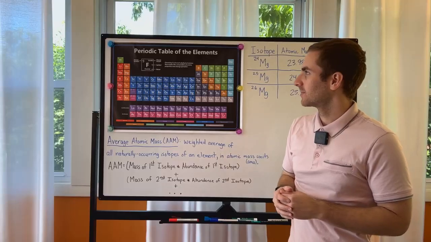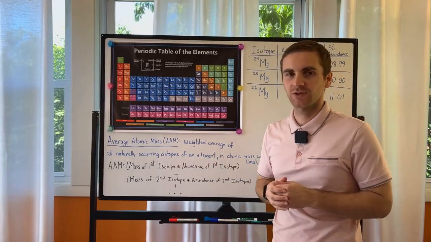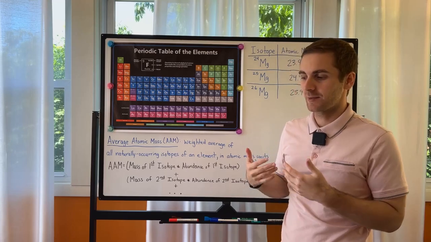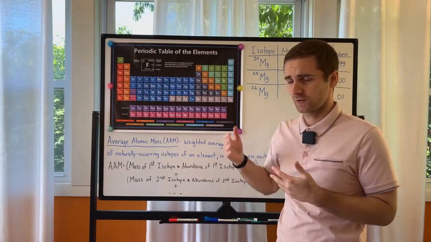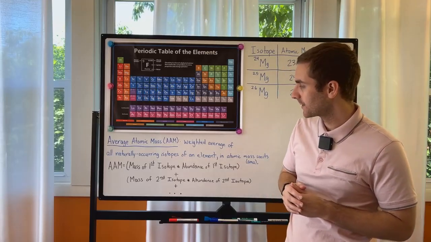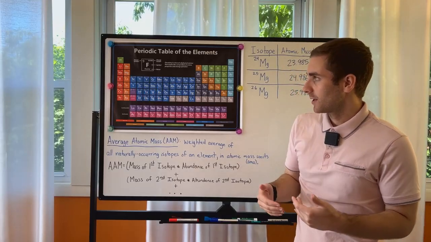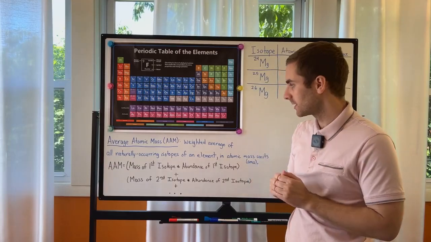But I'm going to refer to it as mass, though sometimes you will see some chemists or chemistry teachers or chemistry textbooks refer to it as weight as well. What that number is, it's not the same as mass number, but it is related.